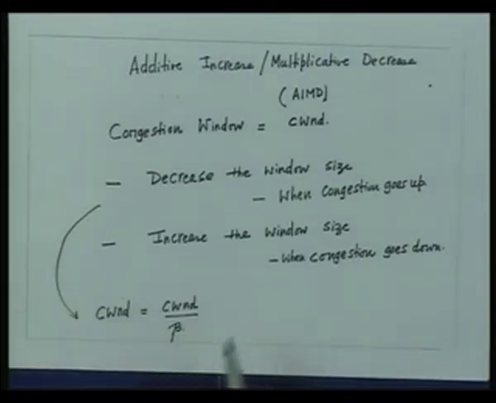We will shortly see how actually the TCP's congestion control mechanism operates, but what I am trying to say is that when I decrease the window size in a multiplicative fashion, I am reducing it by a multiplicative factor of, let us say, beta.